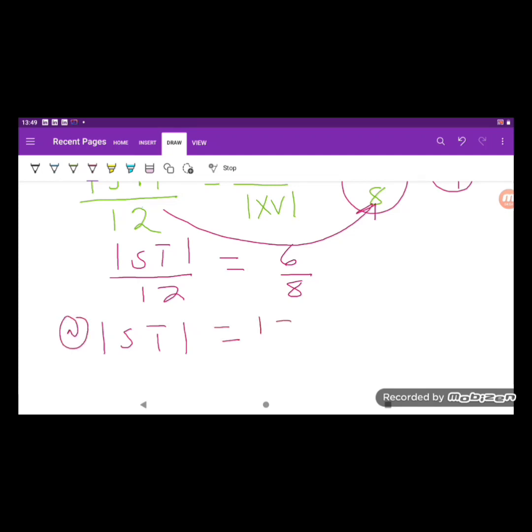You can pause the video to guess what it will be. 12 times 6 all over 8. If you do this very well, 4 here is 2, 4 here is 3, 2 here is 1, and 2 here we have 3. So we have 9 centimeters. So line ST is 9 centimeters.